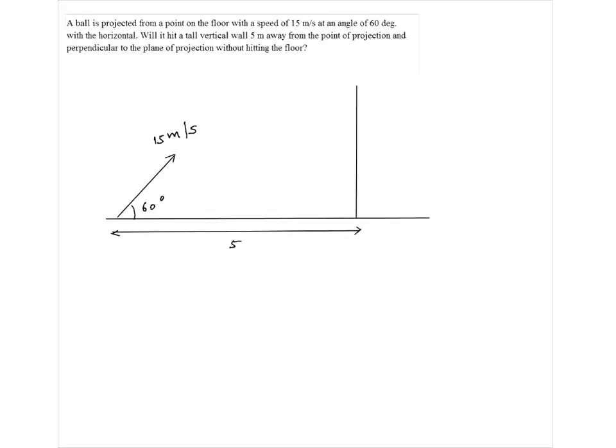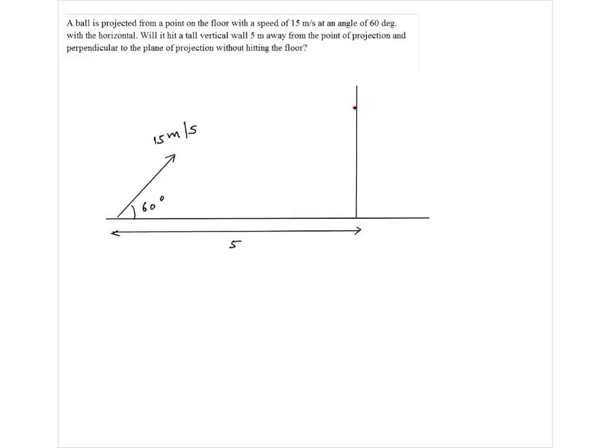This one is a typical projectile motion problem. We are assuming vertical wall to be tall, not like the goalpost type of question when the goalpost had a certain height. The wall is tall.